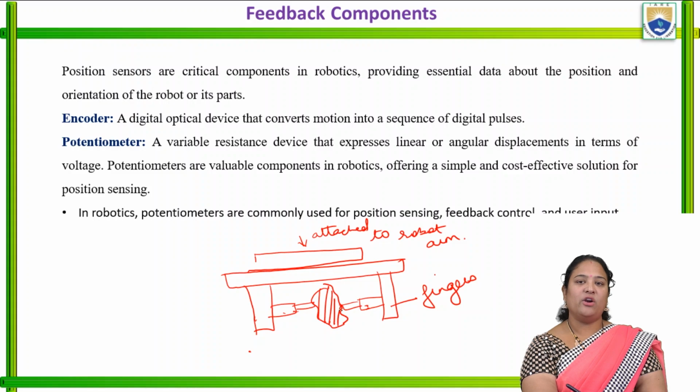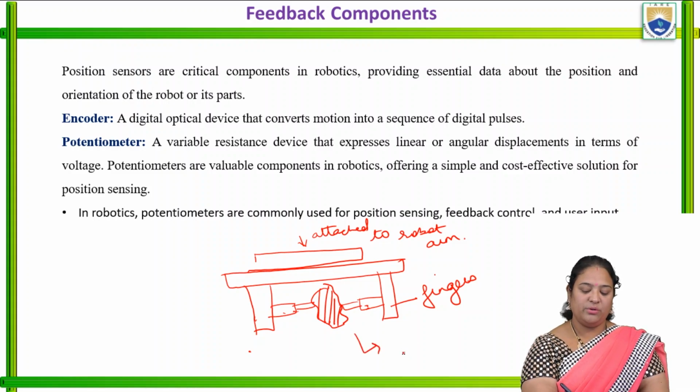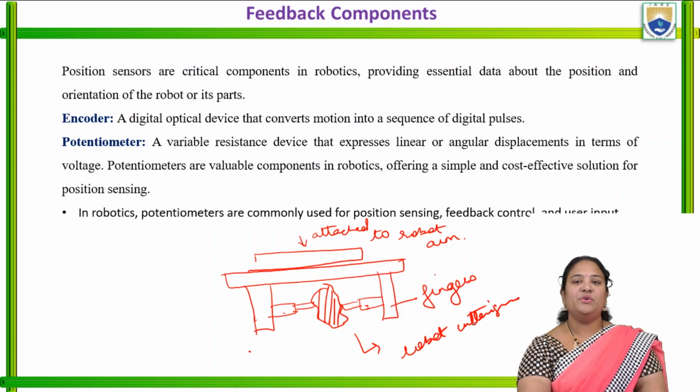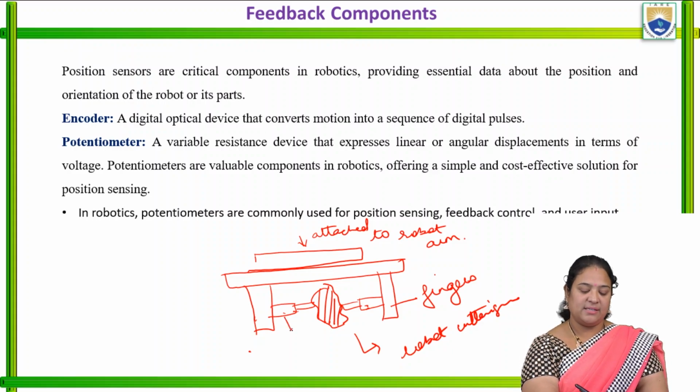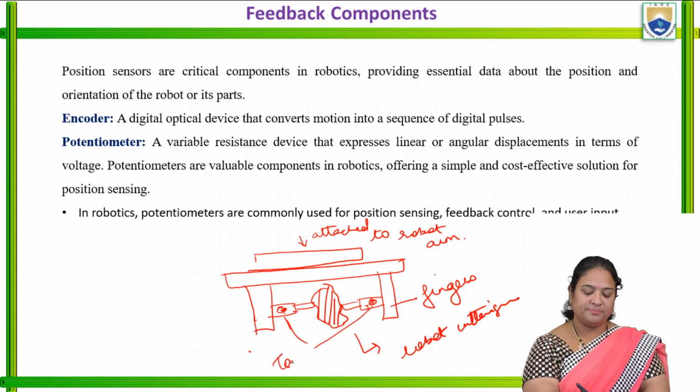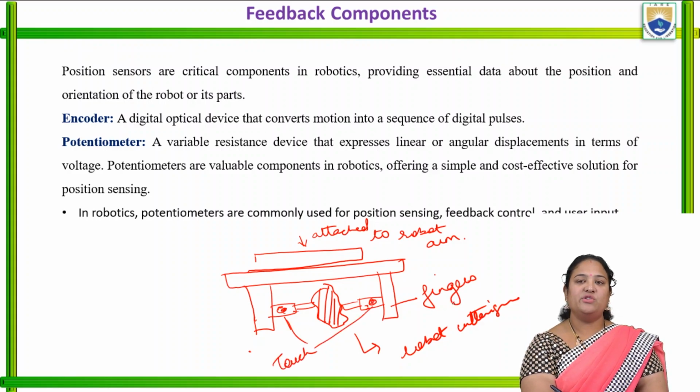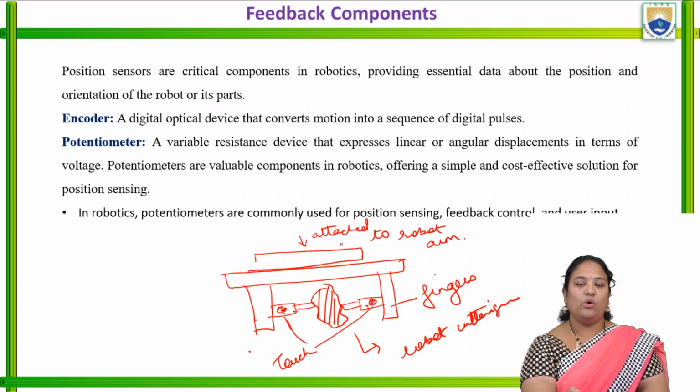So when this particular object is being touched, it is sending a signal to the robot intelligence that so and so object has been picked and we are moving it from one place to the other place. So this is known as the touch sensor. Here we are placing the touch sensors on the fingers of the robot, where this end effector is connected to the robot arm.